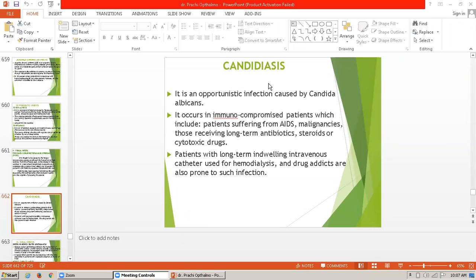Fourth is the specific clinico-etiological types of non-suppurative uveitis, then acquired syphilitic uveitis.